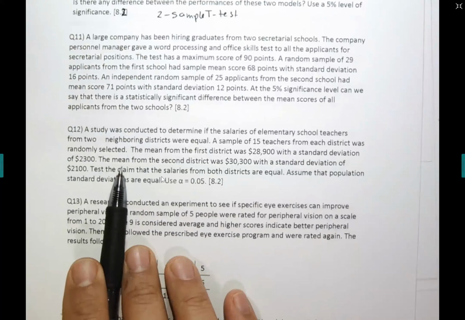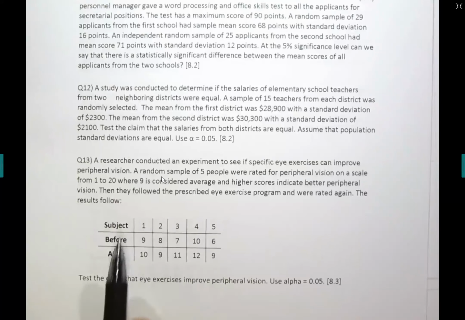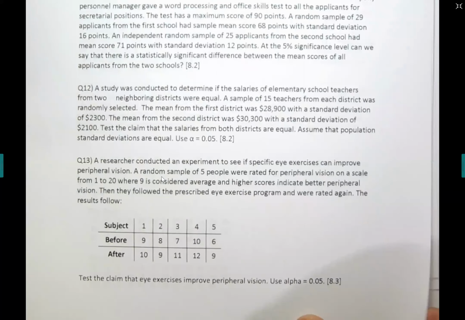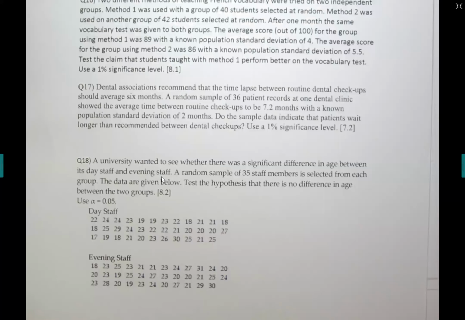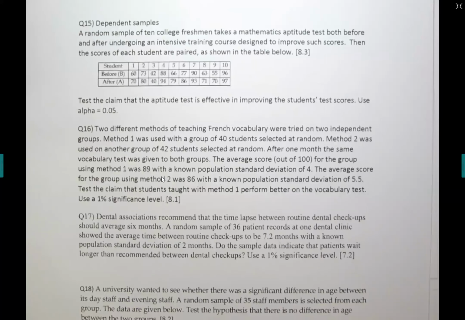That's important. Too many questions. Section 8.3, before and after. Let me just see what else we have here. Section 8.3, guys, again, before and after. So I'm going to give you a chance to work some of them out.